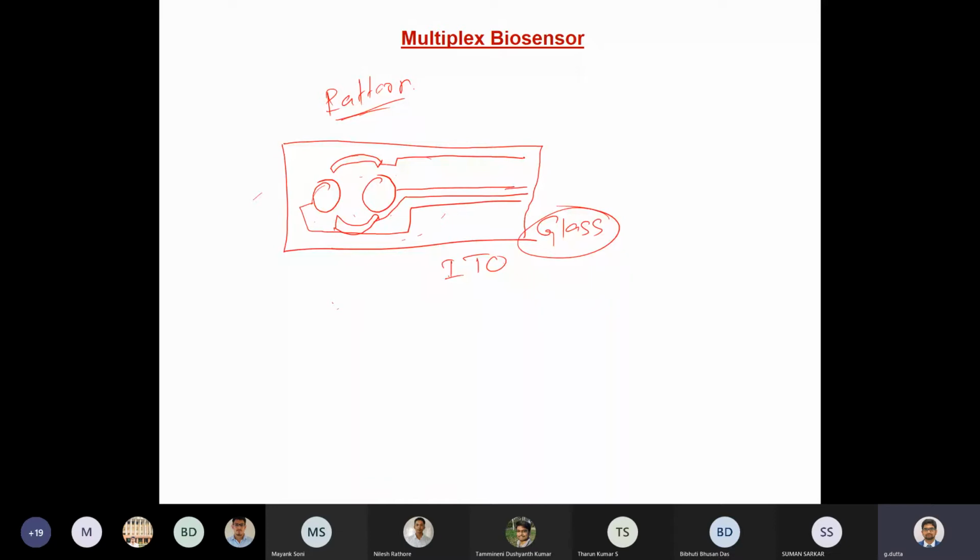Maybe like this way. Patterning means that, starting from a whole surface, you can use some technique called lithography, using some mask. Then you can just remove the nanoparticles from this side. From this position you are removing all the nanoparticles, so it becomes non-conductive.